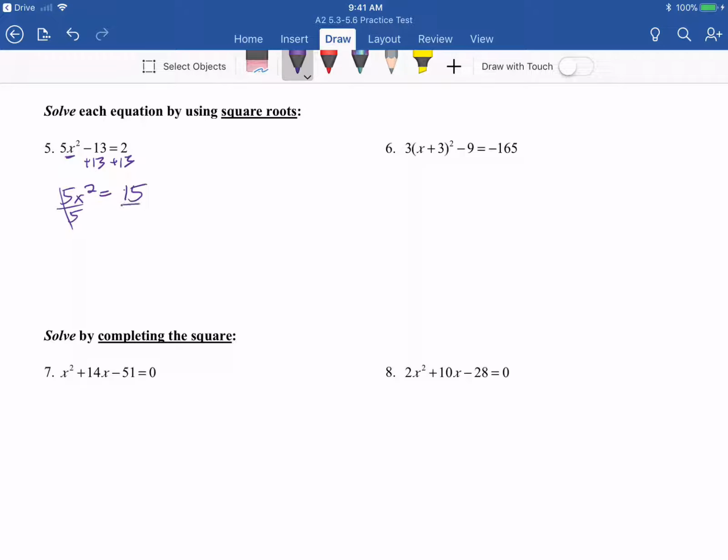Divide by 5, divide by 5, I get x squared equals 3. Now I take the square root of both sides, the square root cancels out the square, so I get x equals plus or minus square root 3. You can leave that in your answer, it's not a very nice number, and you can't factor any perfect squares out of it.